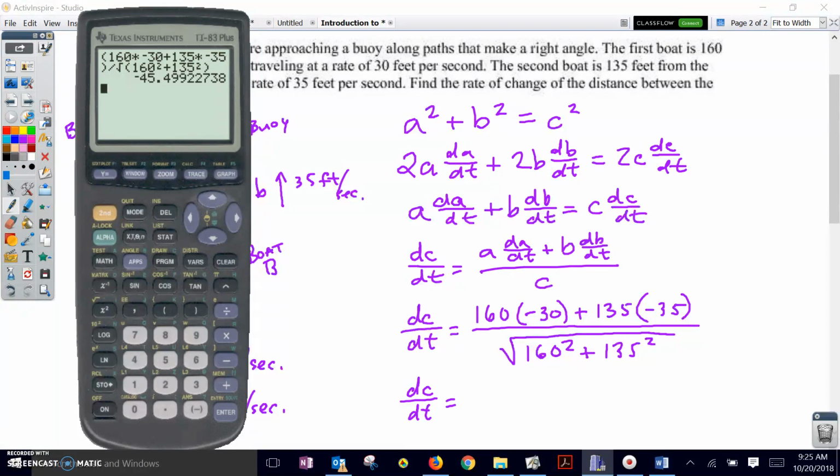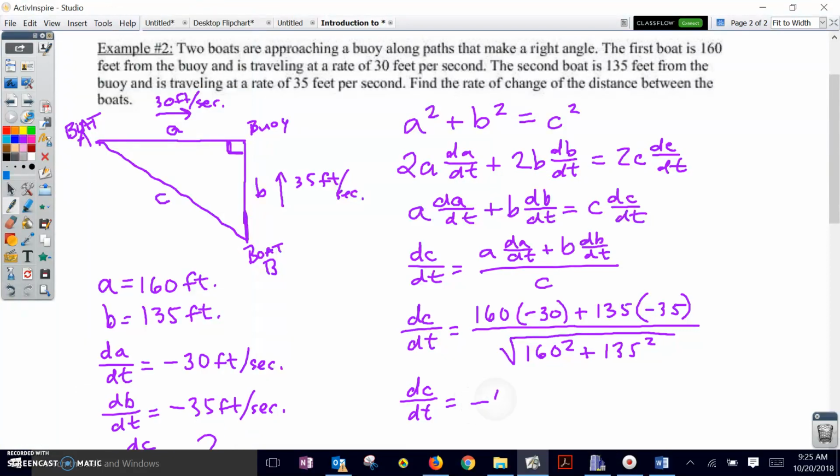And I get that dc/dt is negative 45.499. And I need my units. dc/dt is the change in distance. It's going to be measured the same as the other changes in distance in this problem. It's going to be measured in feet per second.